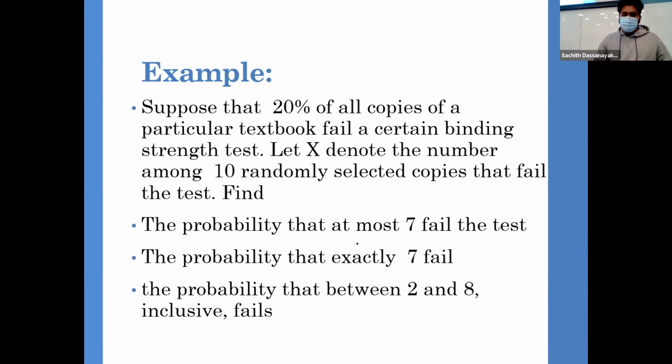Suppose that 20% of all copies of a particular textbook fail a binding strength test. 20% you can convert to the probability value 0.2. Let X denote the number among 10 randomly selected copies that fail. So we have 10 randomly selected copies, which equals n.